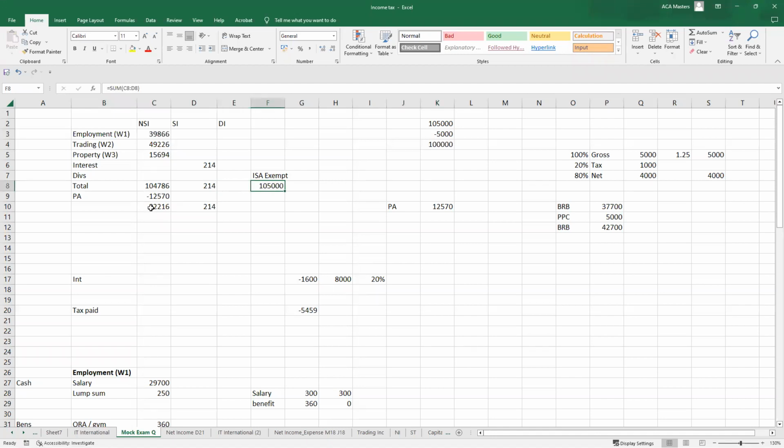So then we can see full personal allowance. So this would be the amount subject to tax. We've got the non-savings income. So of course we know the basic rate band is this amount.